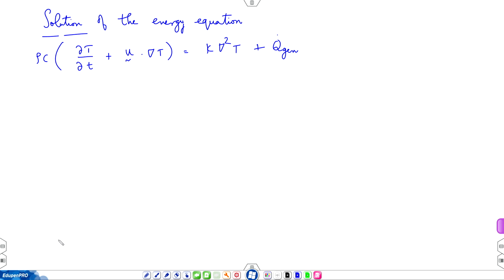So, this equation is now in coordinate free form.